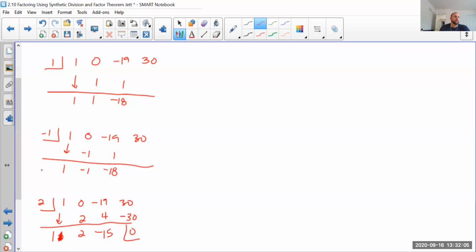That works. So that gives me x squared plus 2x minus 15. And then don't forget your factor of x minus 2 at the front because of this here.